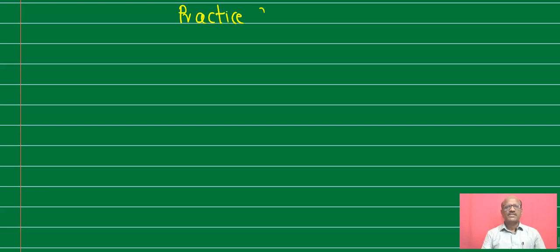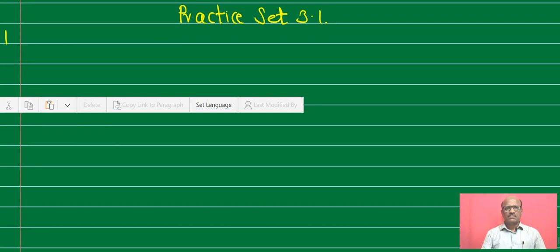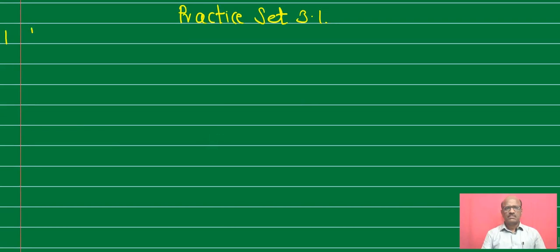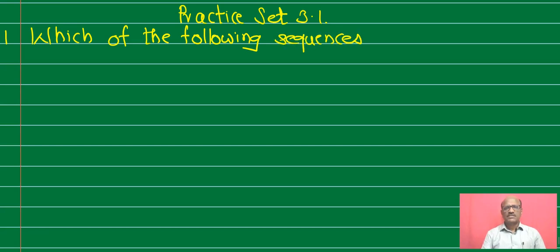You see now the practice set 3.1. First example. Which of the following sequences are AP?